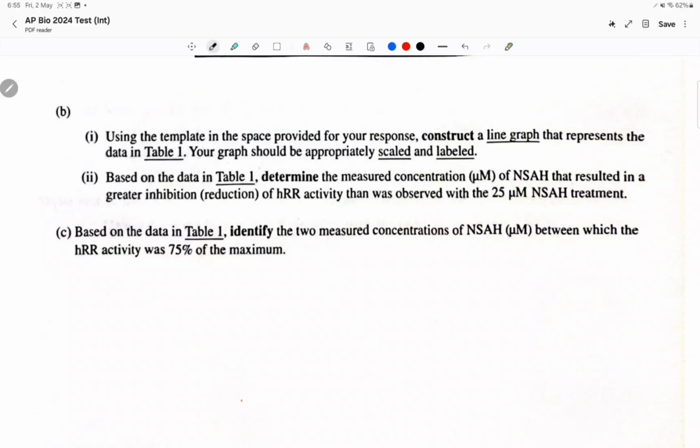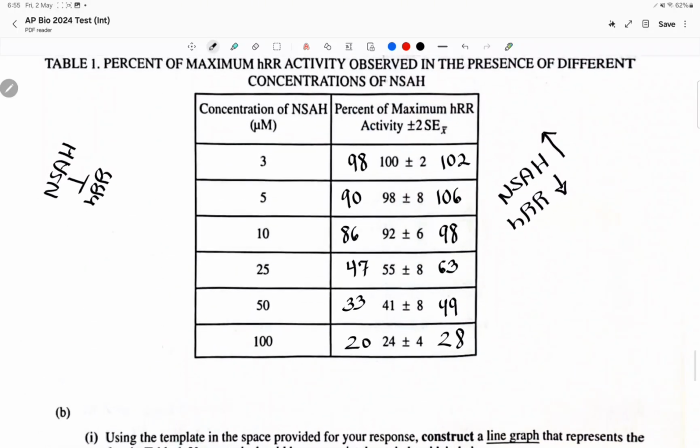Now, B2. Based on data in Table 1, determine the measured concentration in micromolar of NSAH that resulted in a greater inhibition of HRR activity than was observed with the 25 micromolar NSAH. The 25 micromolar ranged from 47 to 63, right?